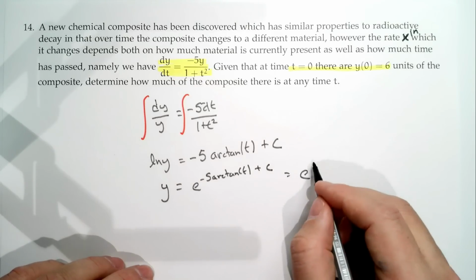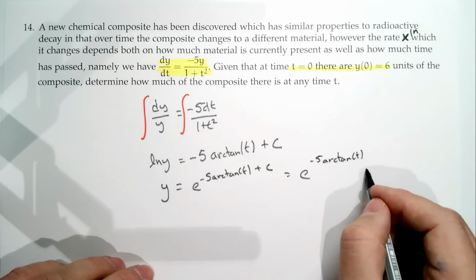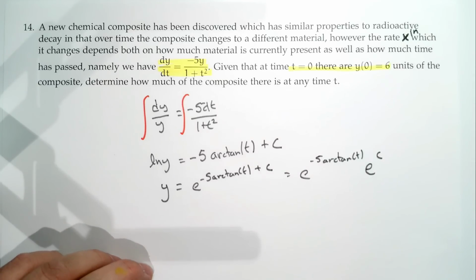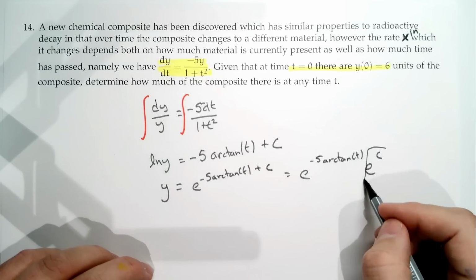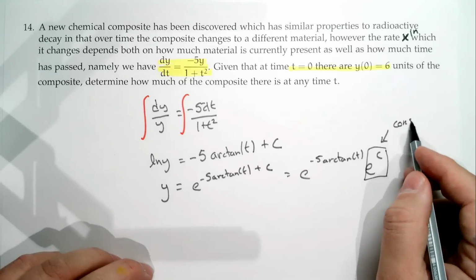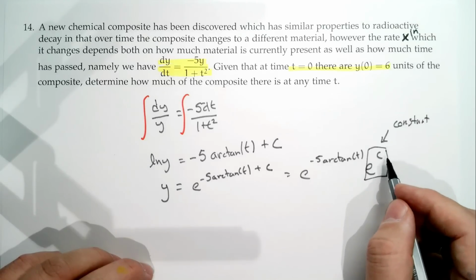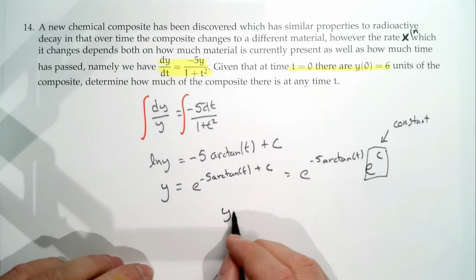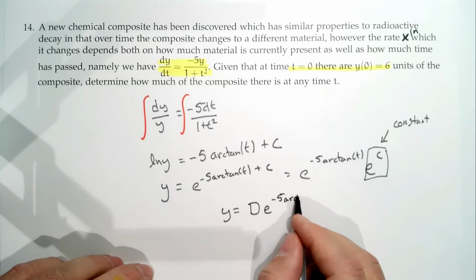But this is e to the minus 5 arctangent of t times e to the c, because addition in the exponent becomes multiplication. And here's a cool fact. If I have e to a constant, this is just a constant. It's a weird looking name for it, so I'm going to replace e to the c. I can say y is some constant d times e to the minus 5 arctangent of t.